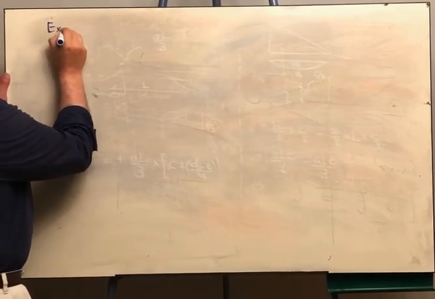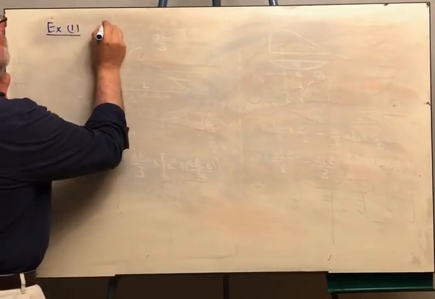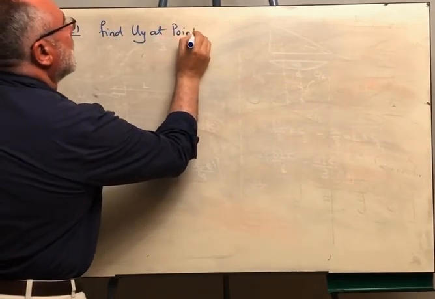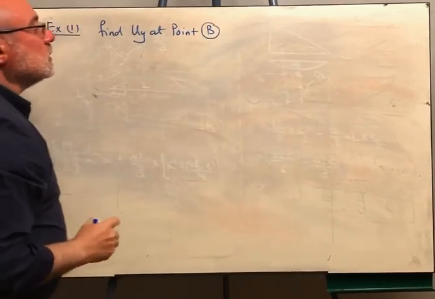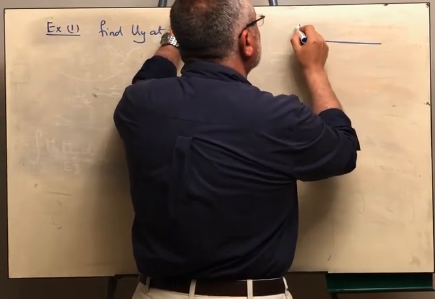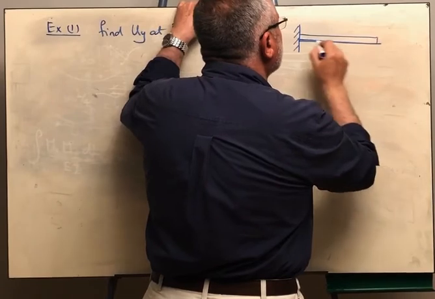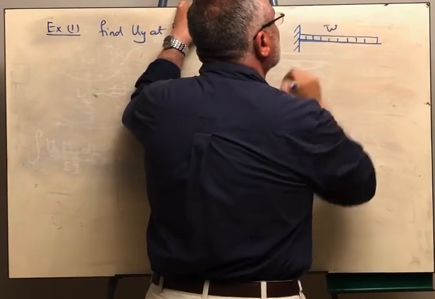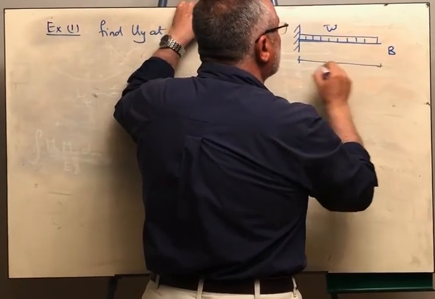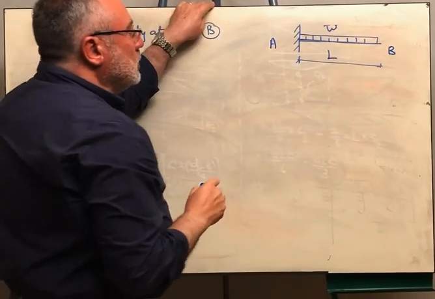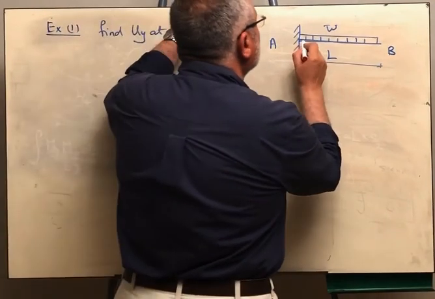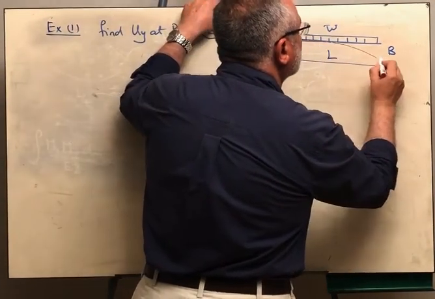Example 1: find Uy at point B. Now we have here a cantilevered beam with a distributed load W. This is point A and this is point B, and this is the span L. We know that the deflection of this beam will look like that.